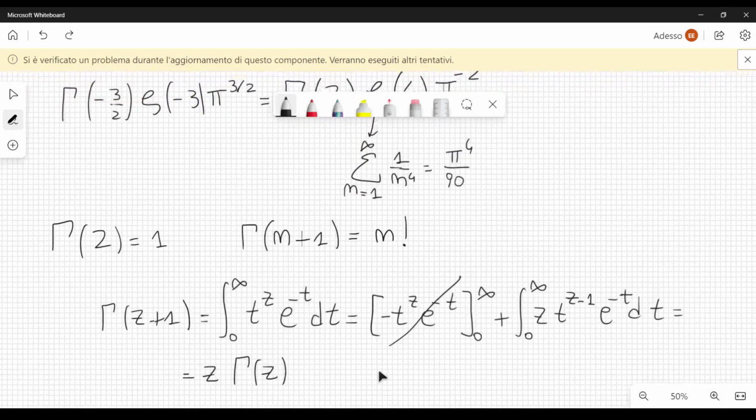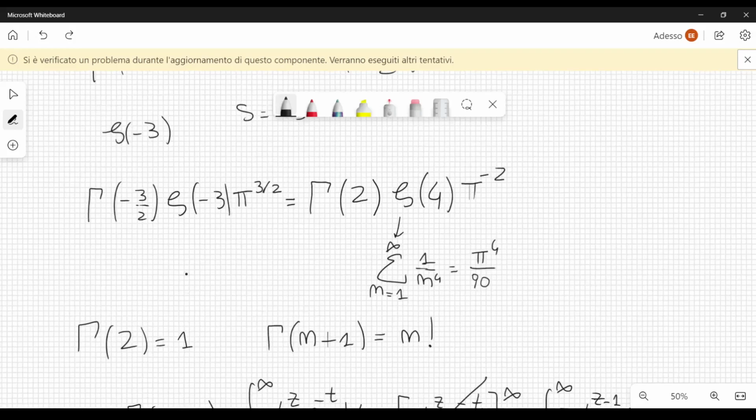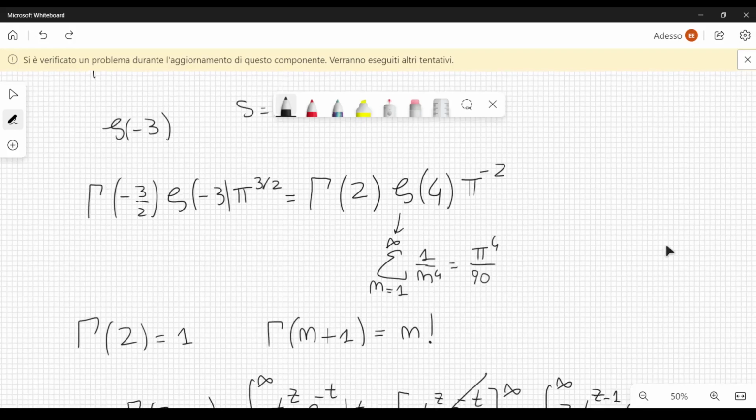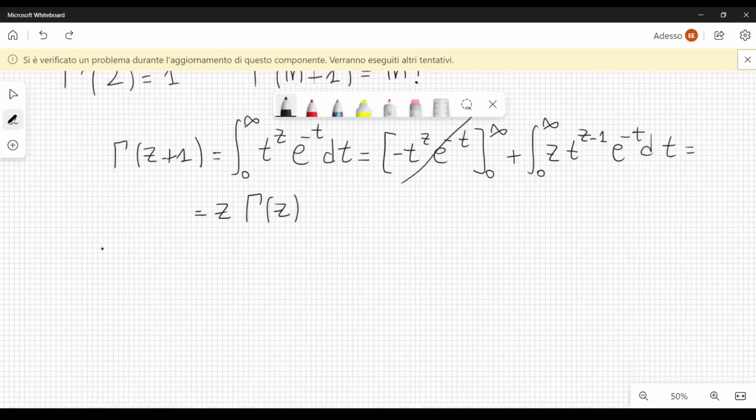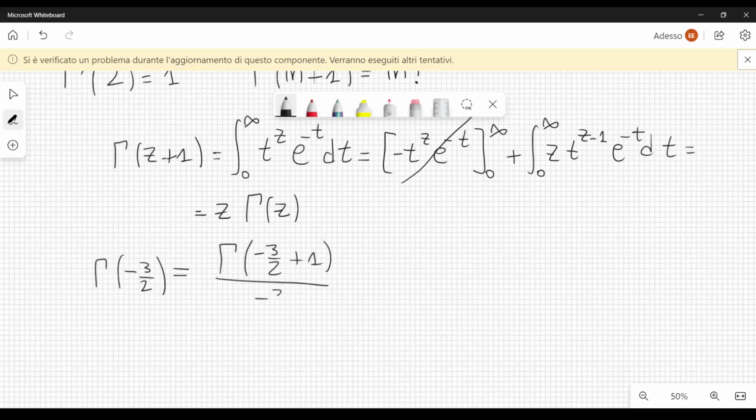Now I really want to use this property to find the value for gamma of minus 3 over 2, which is less intuitive. So gamma of minus 3 over 2 can be obtained in the following way. We can write gamma of minus 3 over 2 plus 1, and then we divide by minus 3 over 2.